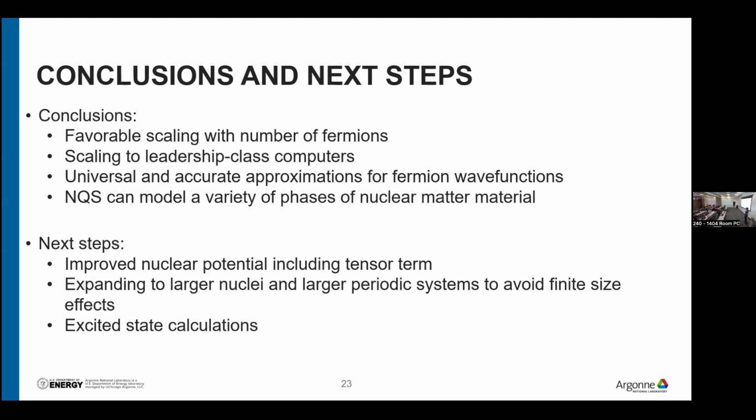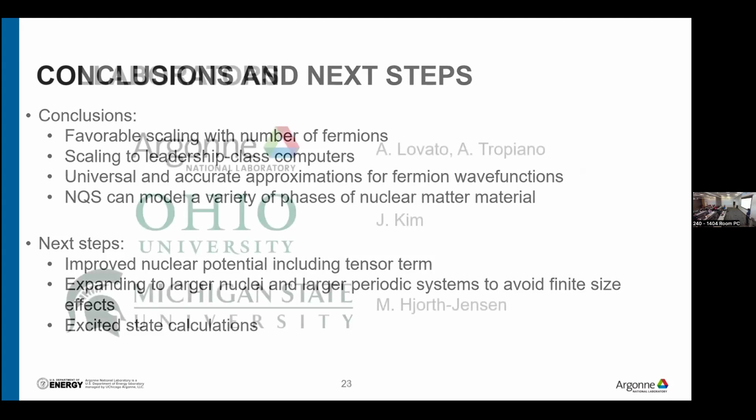As well as the final result here giving us information about other phases of matter that exist within these materials we're modeling. Next steps are going to be improving the potential that we use, expanding to larger systems, and potentially excited state calculations that I think Jane is going to go into a bit.